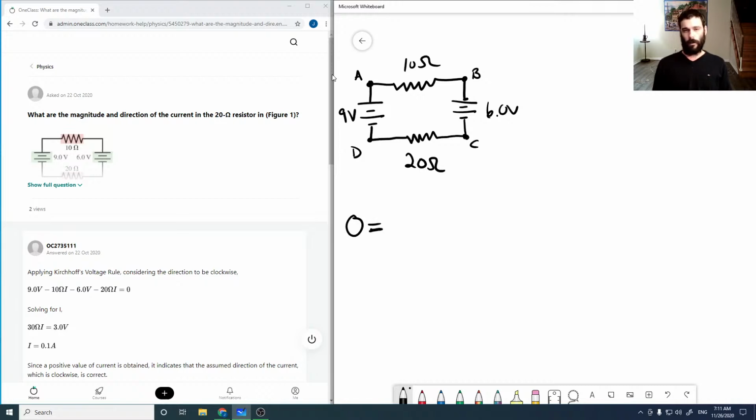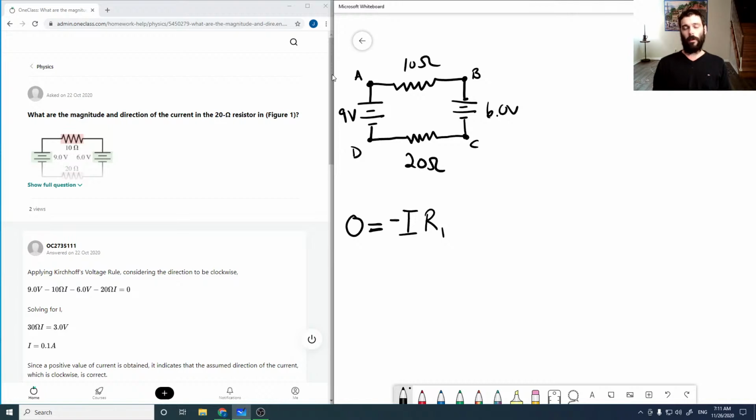And so it'll be 0 equals, and whenever we pass over a resistor, in this case 10 ohms, we're going to go minus IR1, so that'll be the current through the resistor times the resistance.